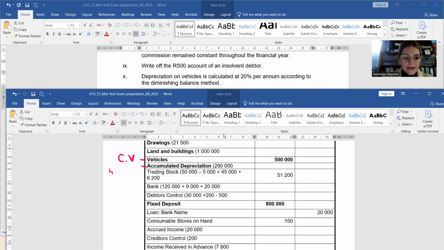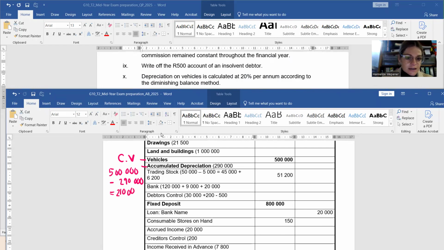When it's diminishing balance, calculate your carrying value, taking your cost minus your accumulated depreciation on day one. So it's your 500,000 minus your 290 that you will now use to calculate your depreciation.